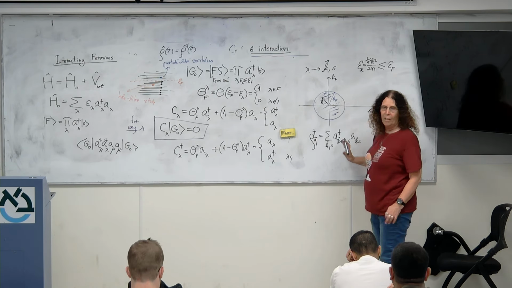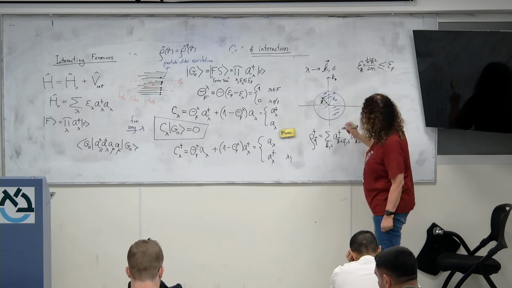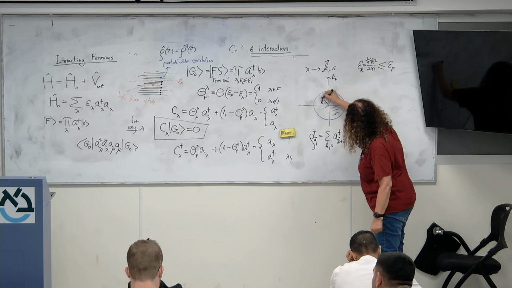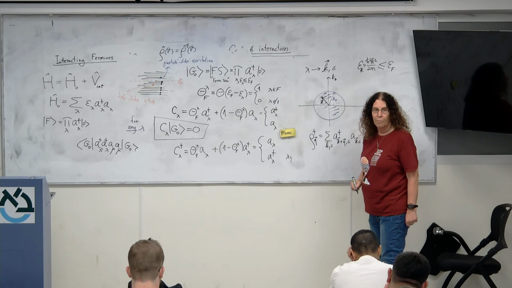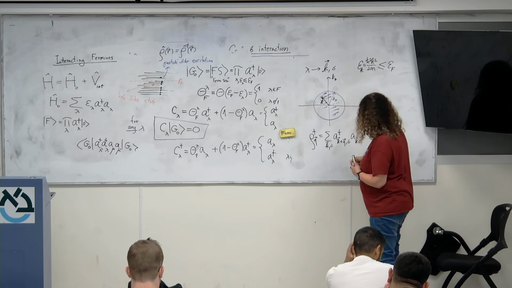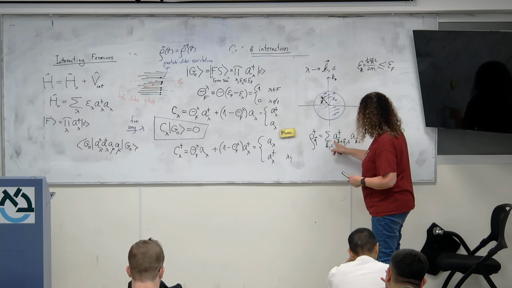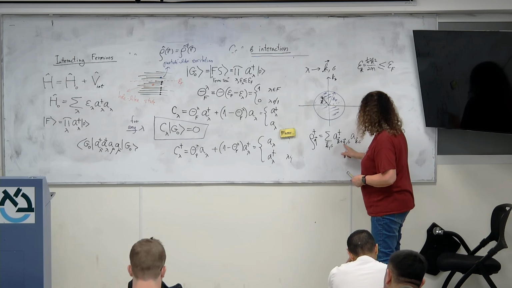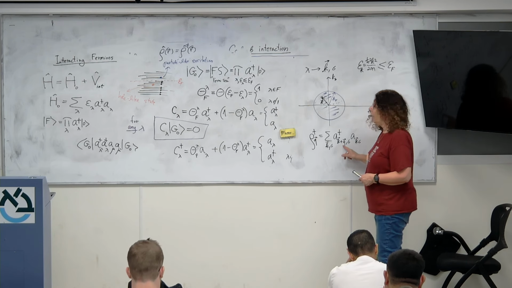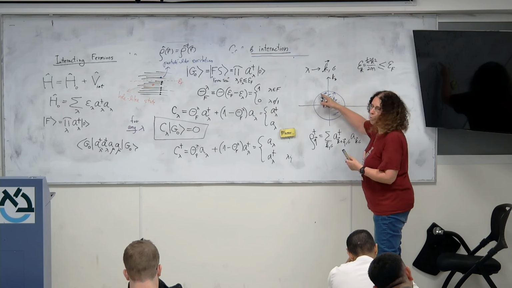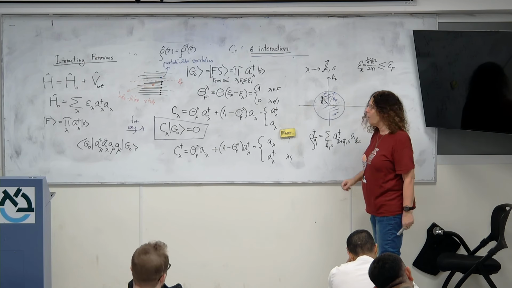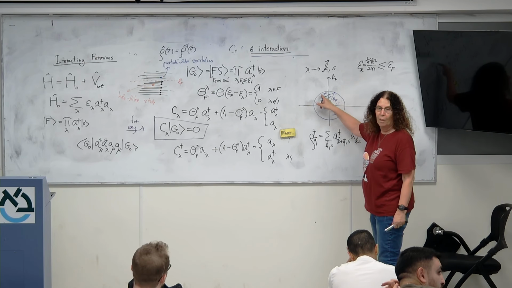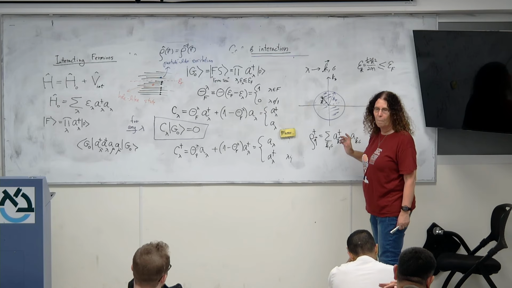It doesn't annihilate the state completely. It just creates a hole at K and recreates an electron at a state with K plus Q. Now, if this Q is too small, for example, in my picture, such that the state is already occupied, it will give me 0.